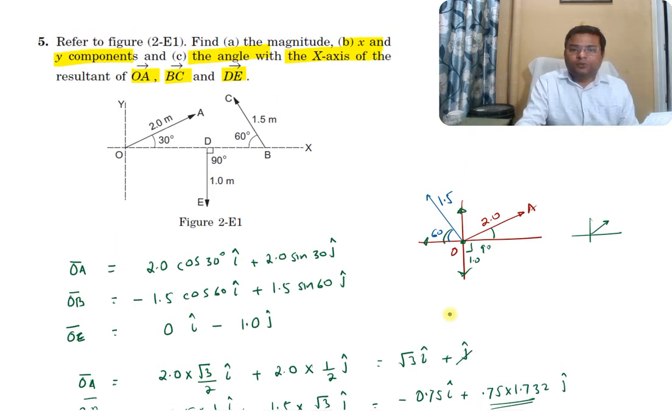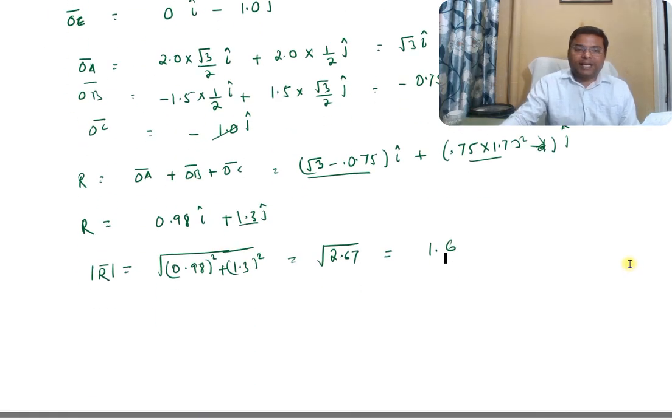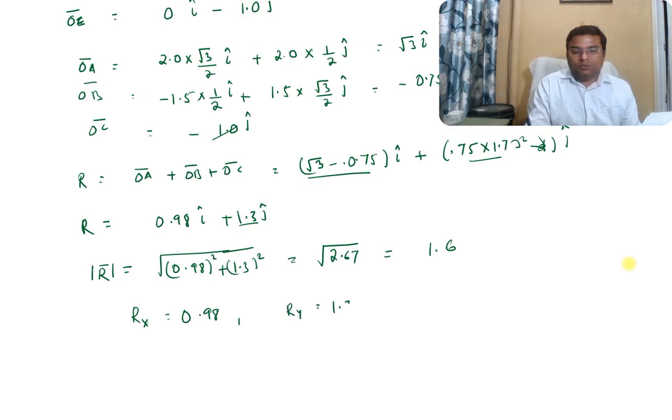So we get the magnitude of the resultant vector, that is part A. Part B asks for the x and y components. The x component of the resultant, Rx, is equal to 0.98, and Ry is equal to 1.3 J. I hope this is clear to you.